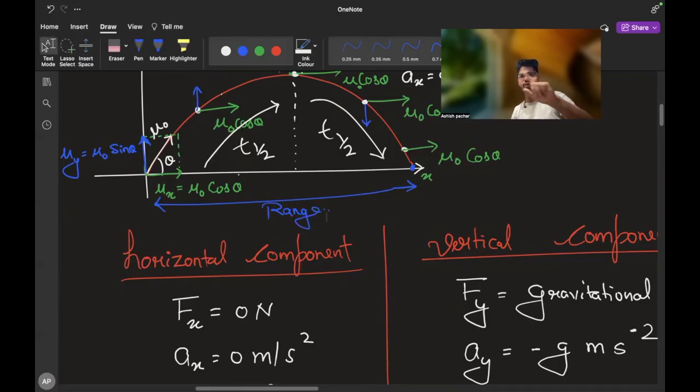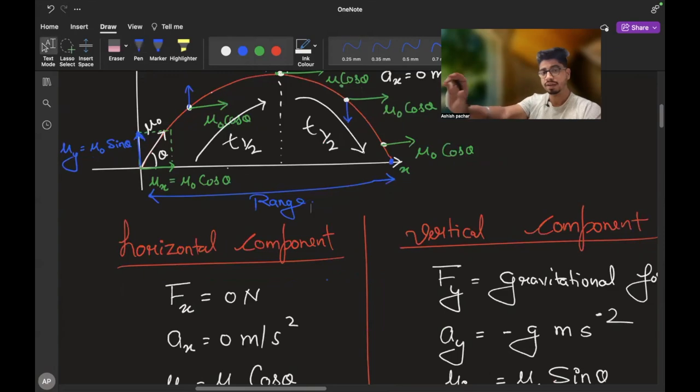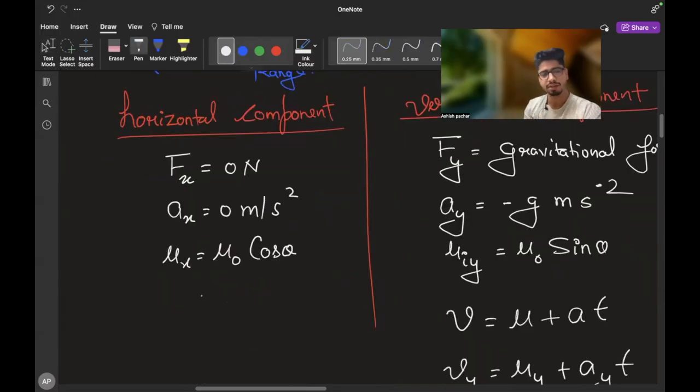Right now range is horizontal. So we talk about only the horizontal velocity component that we are going to take into consideration right now. So horizontal velocity, horizontal acceleration, horizontal displacement. These are the things we are going to take into consideration.